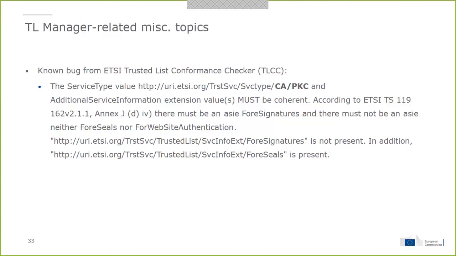So there is a rule still in TLCC that detects the fact that at the moment of the transition to eIDAS, CA/QC should go to CA/QC for eSig, at least on that particular date, and then afterwards could add CA/QC for eSeal, CA/QC for website authentication, because they have been audited and granted the status for this type of service.